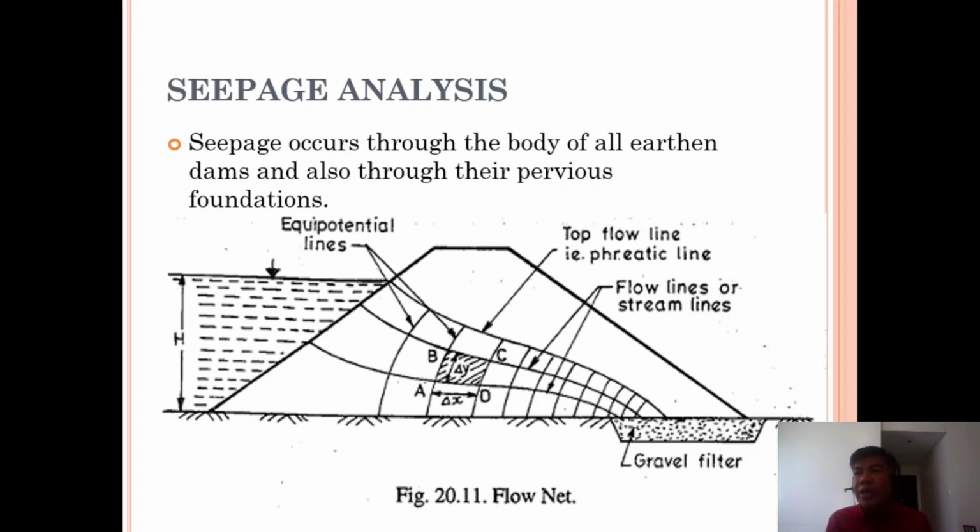Since we have different simulation software by finite element, the seepage is actually calculated by the software. In the flow net, you draw the equipotential lines, you draw the flow lines, then you compute the seepage immediately.